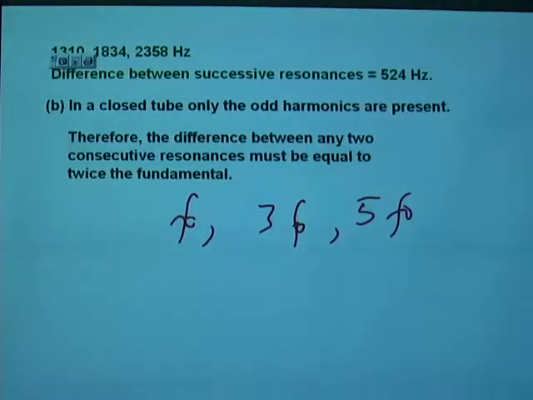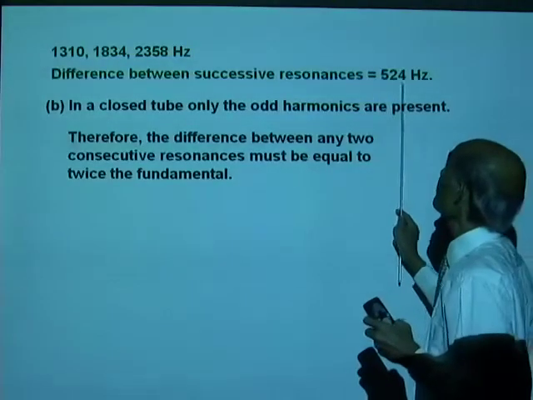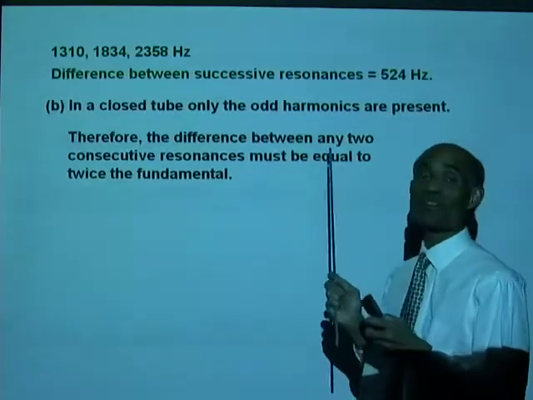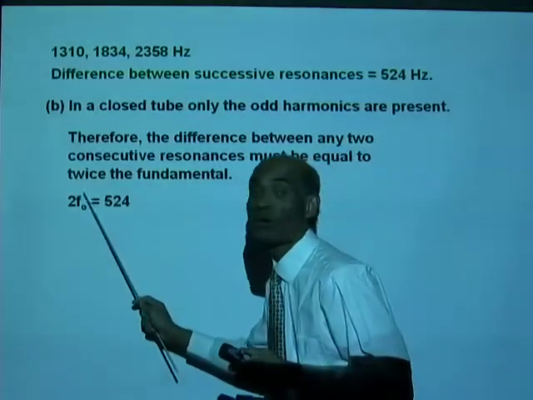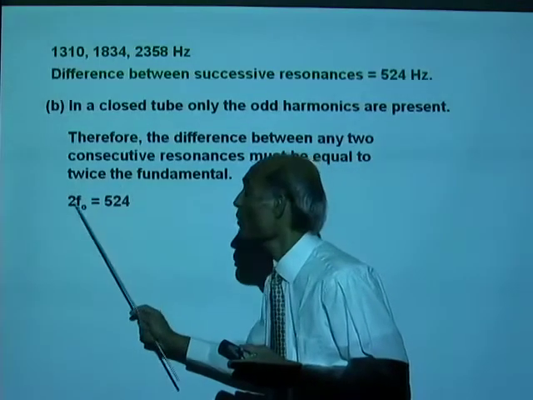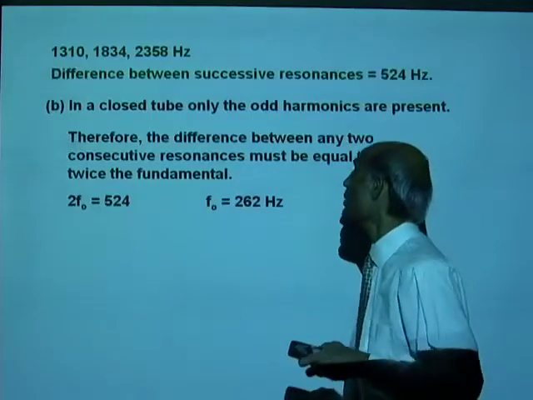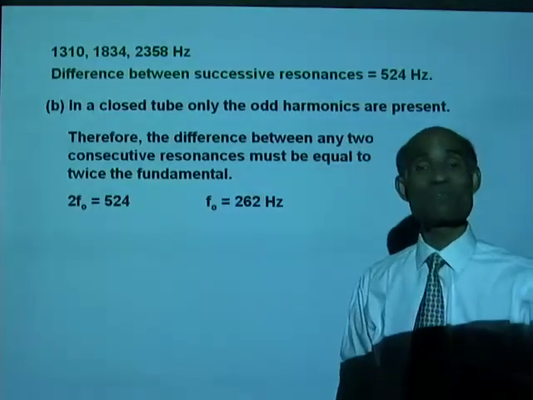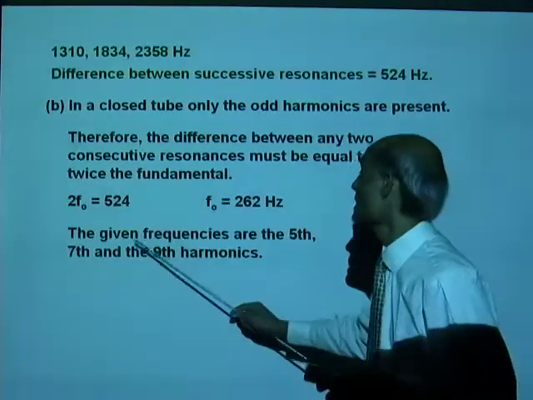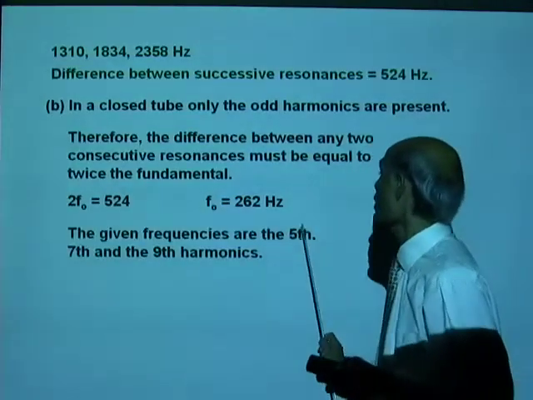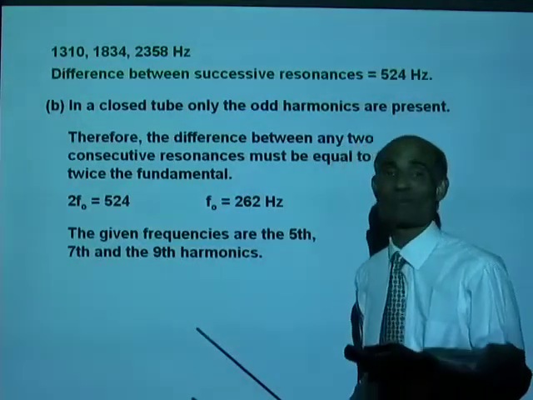Alright, so what is the fundamental frequency here? If this is the difference between successive resonances, the fundamental frequency is F0, then 524 is 2F0. Therefore, F0 is 262 Hertz. Look at the argument that we have made in this problem. The given frequencies are therefore the 5th, 7th and the 9th harmonic.